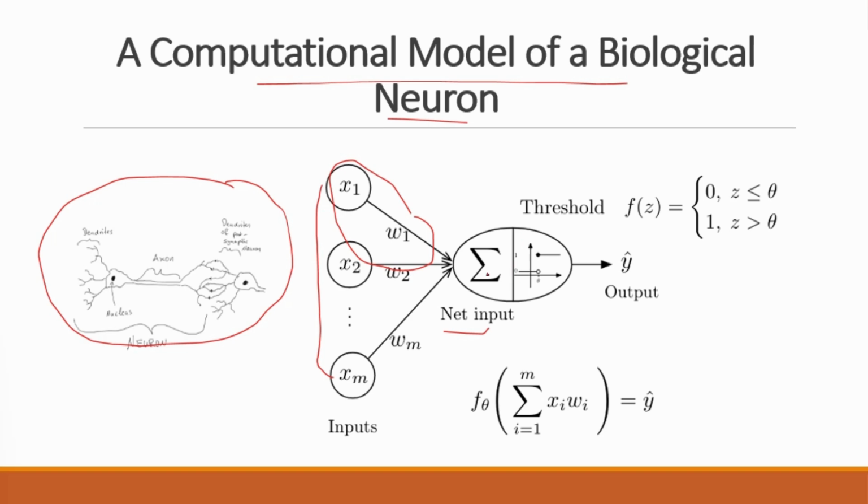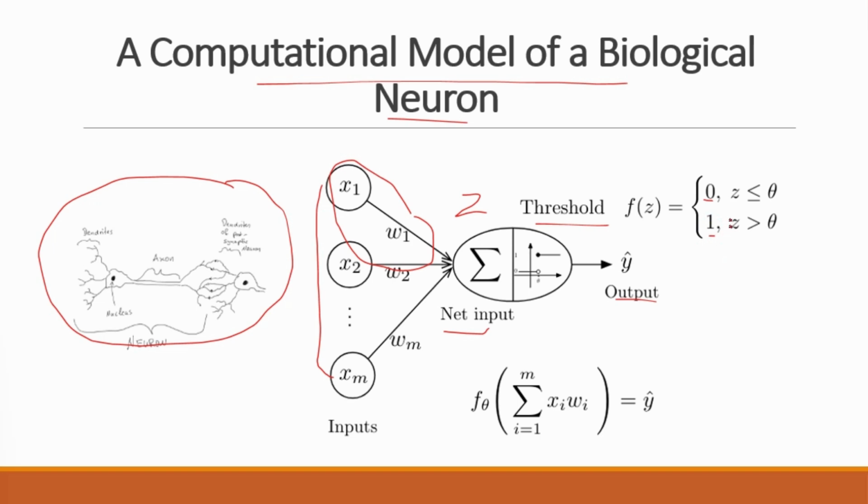This is the weighted sum, the sum of wi times xi, and we usually use the letter z to represent that more compactly. Then we pass it to the threshold function, and the threshold function returns the class label, either 0 or 1 depending on the value of z.